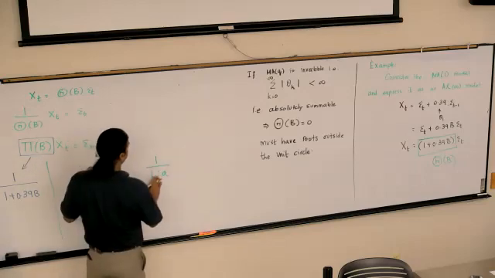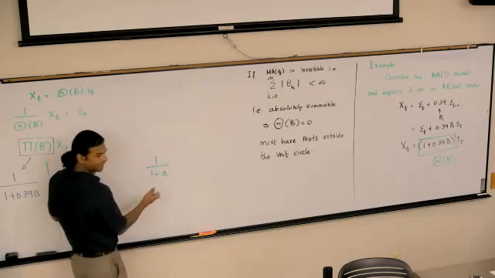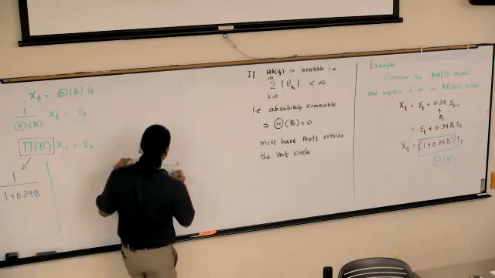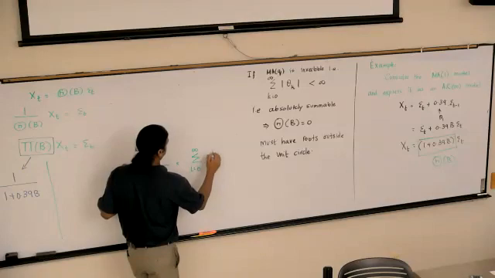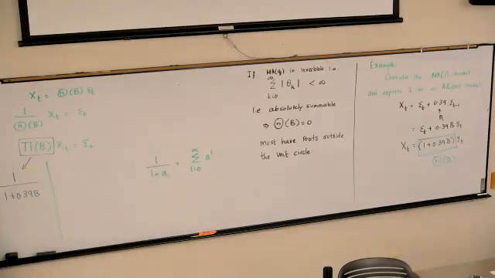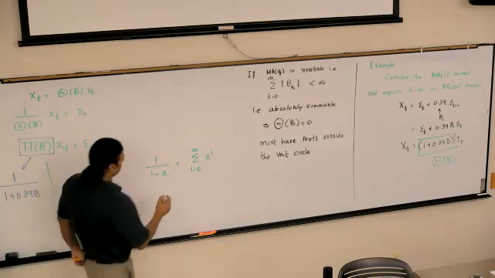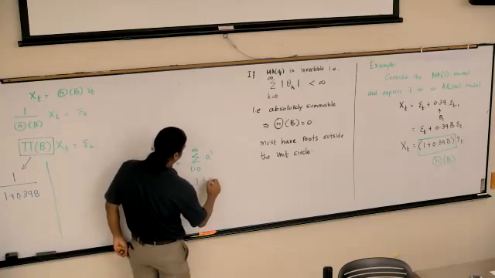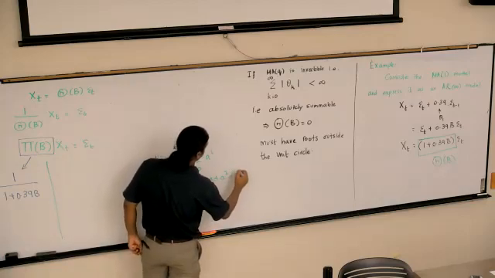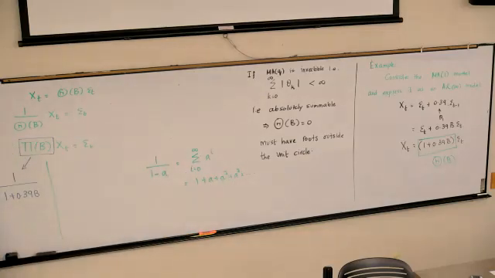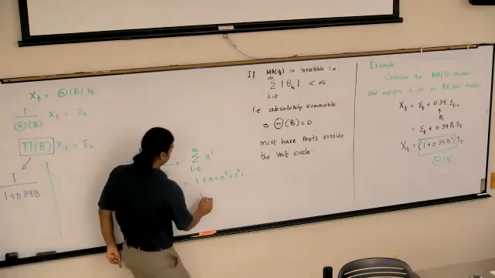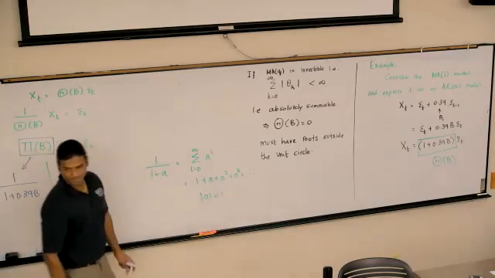So if I have 1 over 1 minus a, that is simply the sum of i equals 0 to infinity of a raised i, which would come to 1 plus a plus a squared plus a cubed, and so on. The requirement there is we need to have the absolute value of a be less than 1.